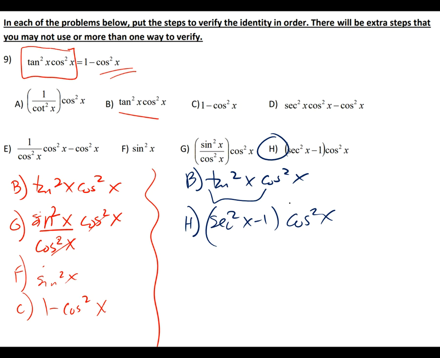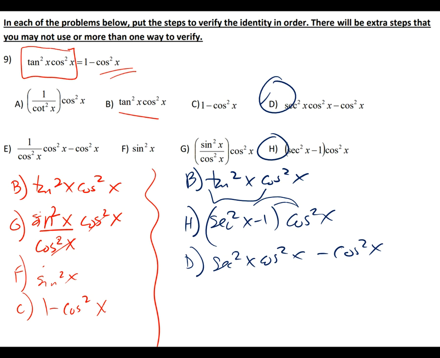Let's see. Now, what's your instinct telling you to do here? Distribute. So secant squared x cosine squared x minus cosine squared x. Okay, is that one of our choices? Which one is that? So now we're going to use D. Okay. Alright, so we've got D. Alright, and then I would probably try to go to sines and cosines.